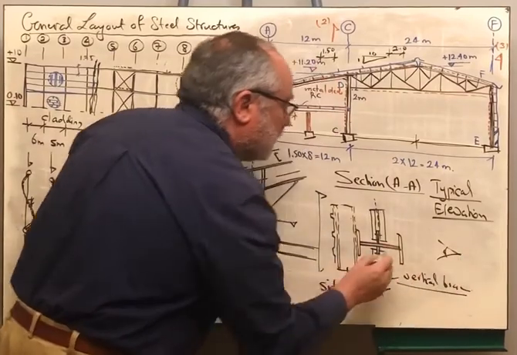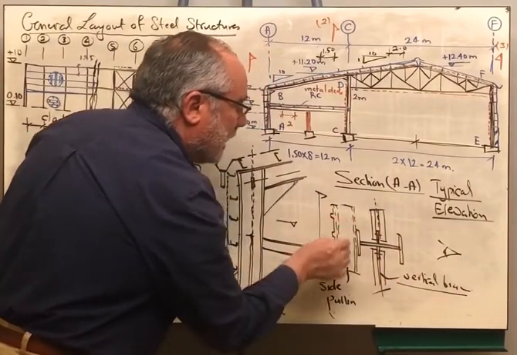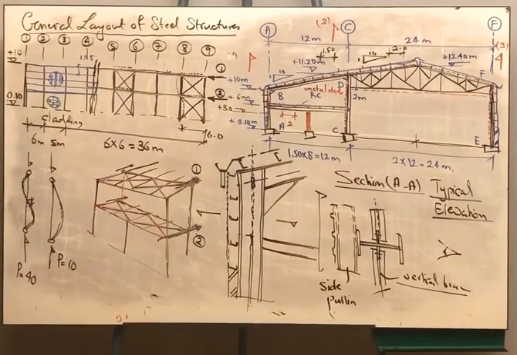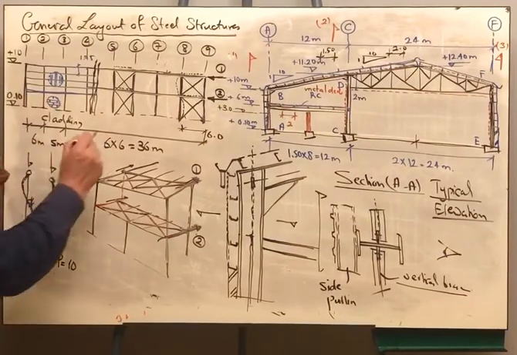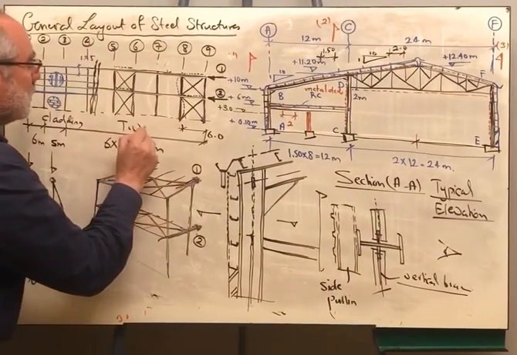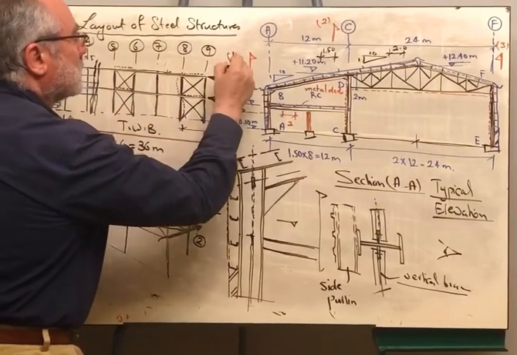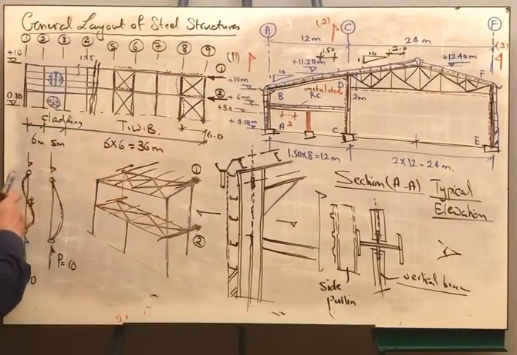So you should be able to see the column, the bracing and the purlins, and then the corrugated sheet from behind. Okay? Therefore, this is a view showing the cladding system and showing the transversal wind bracing for section 1, which is the column AB. Okay?